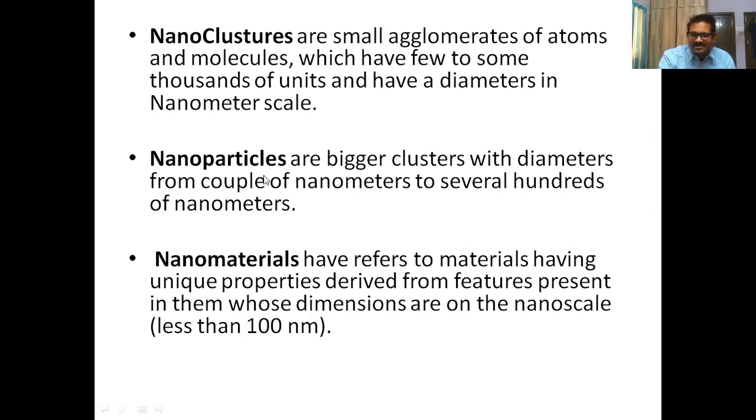The next comes the nanoparticles. What are nanoparticles? It's a combination of clusters. So big clusters, again with diameters from a couple of nanometers to several hundreds of nanometers. When we observe nanoclusters and nanoparticles, more or less they are the same.